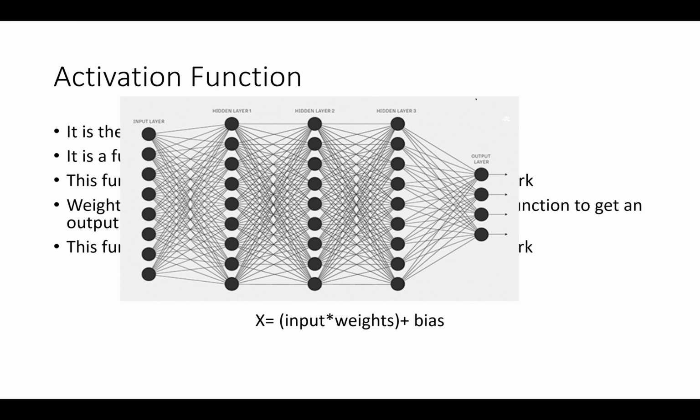Let's take a neural network and try to understand how the activation function works. As you can see, this is the input layer. So when we give an input to the input layer, before it is transferred to the hidden layer, it is converted into weighted sums. As I have mentioned, these weighted sums are converted based upon weights assigned to each element of the input as well as bias.